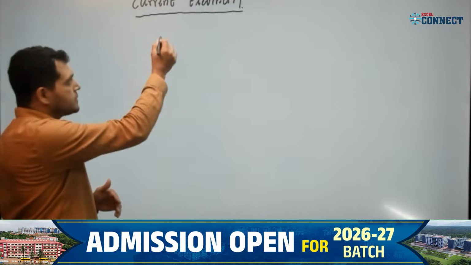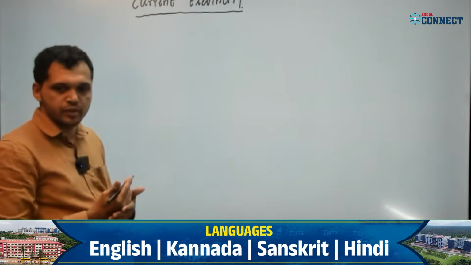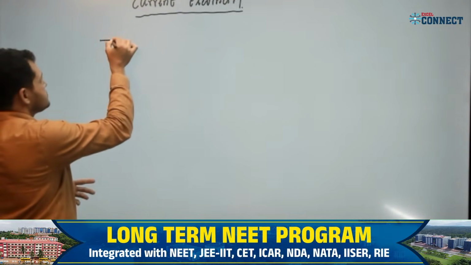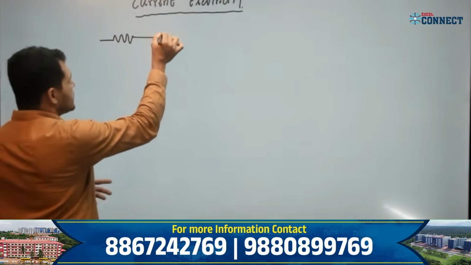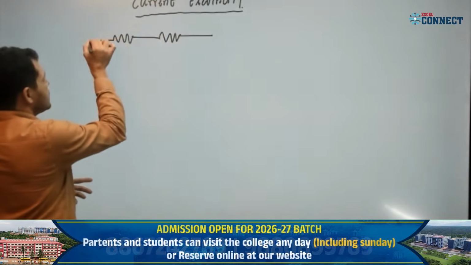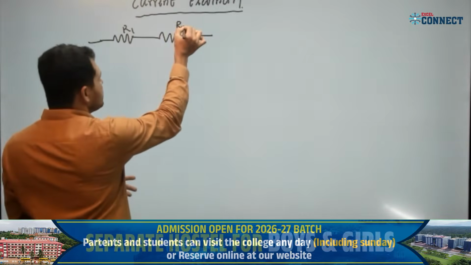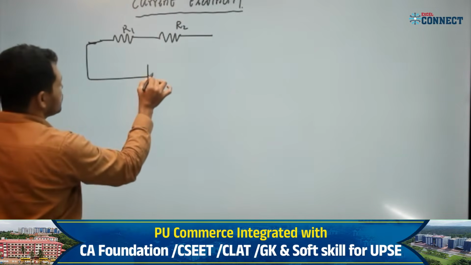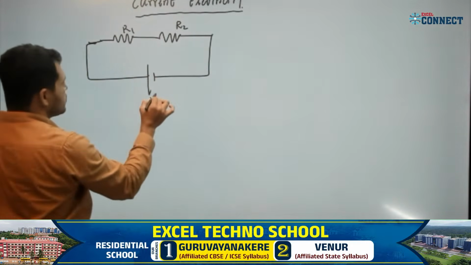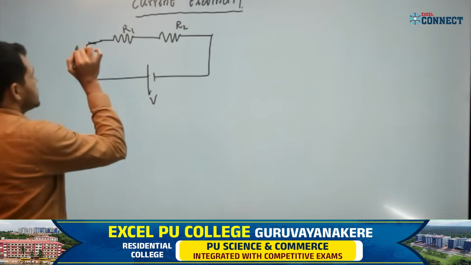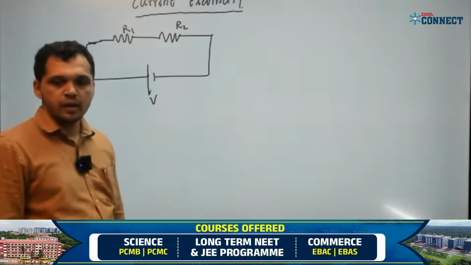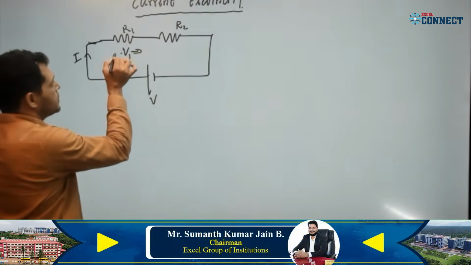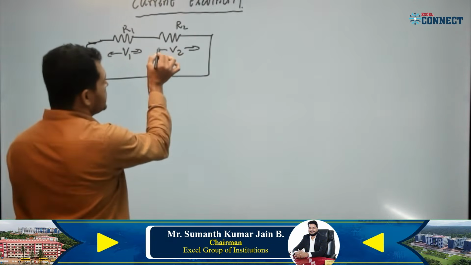Now, first, just to recall the series combination of resistances. If you have two resistors in series, R1 and R2, connected with a battery of potential difference V, and current I is flowing through this, then the voltage across the first resistor is V1 and across the second resistor is V2.